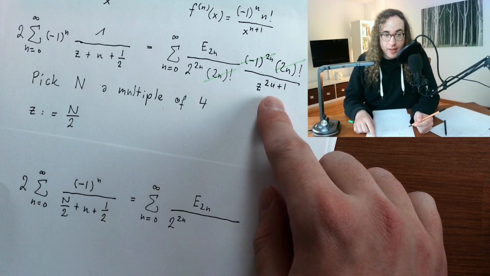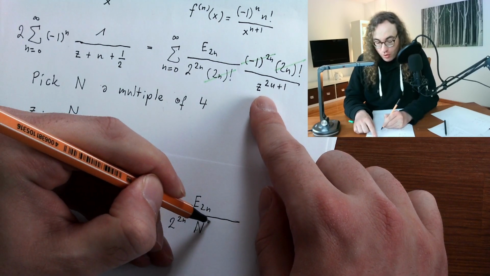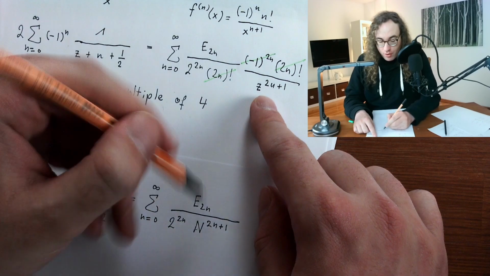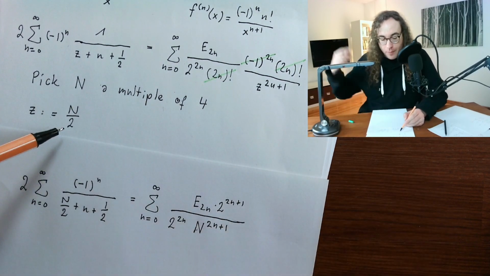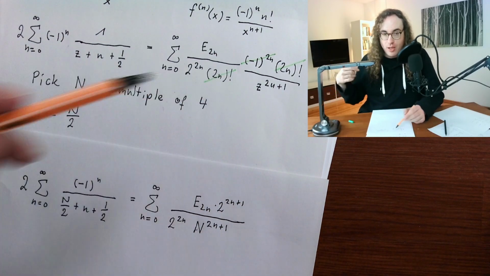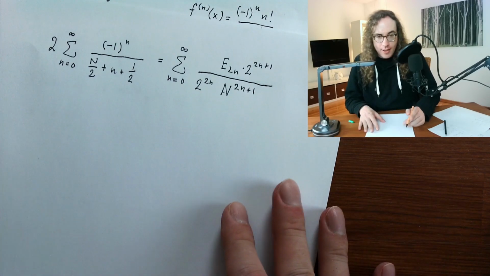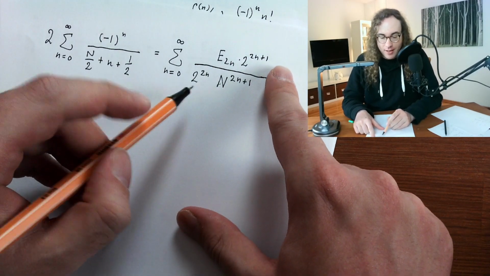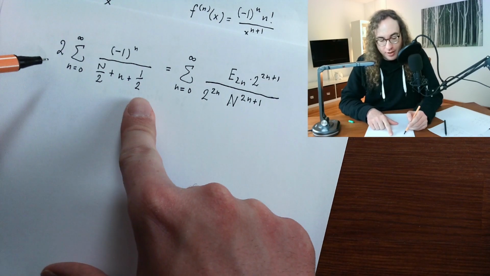And now I have to plug in N divided by 2 for z, so this gives me N to the 2n plus 1, but also 2 to the 2n plus 1 in the numerator, by making the denominator part of the numerator. So I get this formula. I'm already observing that there will be a cancellation of powers of 2 here, but let me do a simplification of the left-hand side first.